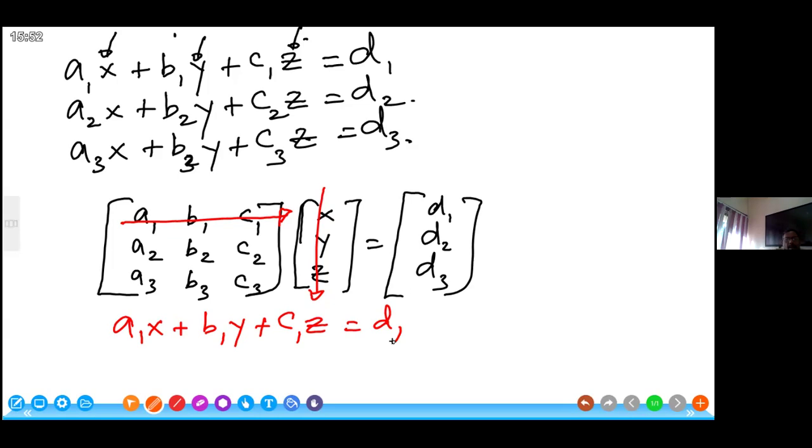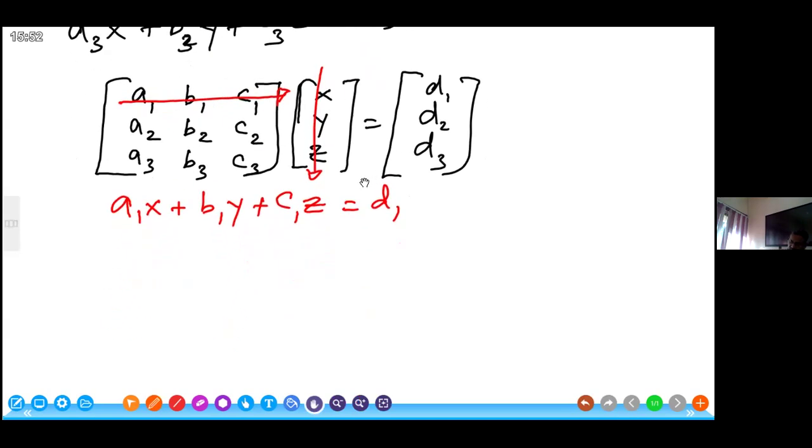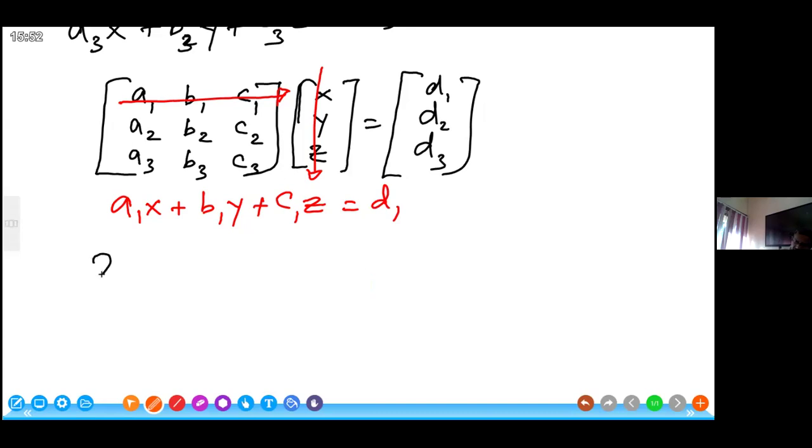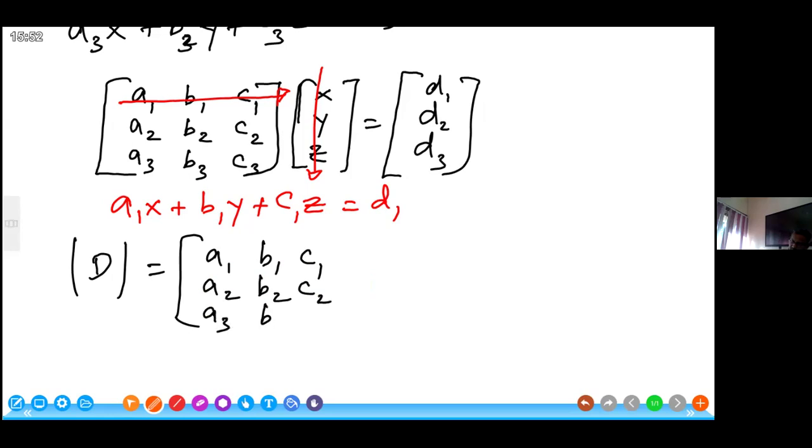All right. So now, if I want to find out the 3 determinants, as I said, right? Here I would like to replace the values. Using another color, the determinant of D is based on A1, B1, C1, A2, B2, C2, A3, B3, C3.